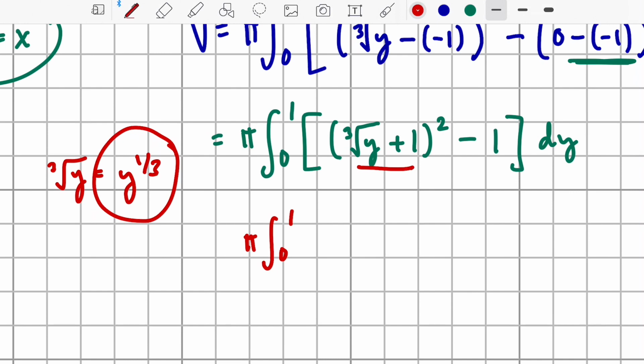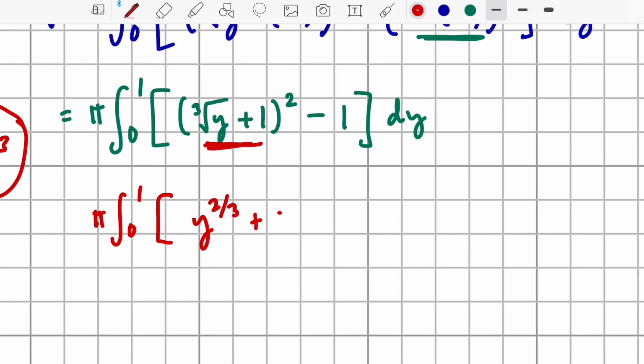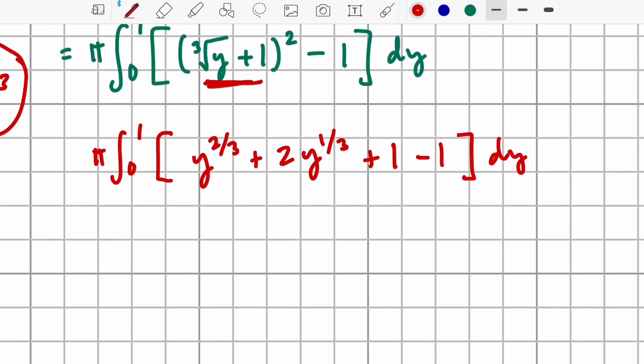So y to the 1/3 power, if I raise it to the second power, it's going to give me y raised to the 2/3 power plus, I'm expanding this binomial, so it'll be 2 times the cube root of y, which I'm going to rewrite as y to the 1/3, to make things easier, plus 1, and then the minus 1 dy.